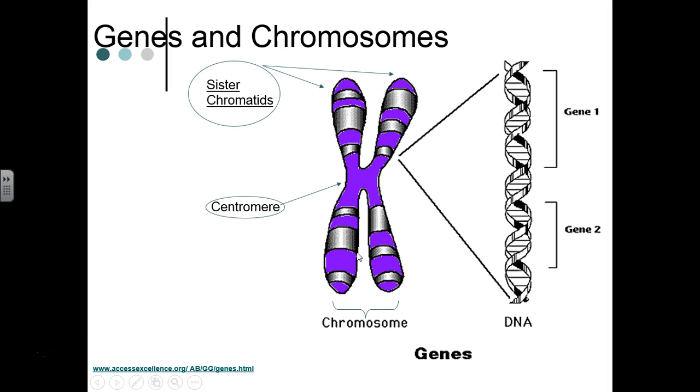They're connected by a centromere, and together it's a chromosome. And we might even say that it's a replicated chromosome. So these are two sides of the same chromosome. Each side was copied during DNA replication during the S phase of interphase of the cell cycle, using semi-conservative replication.